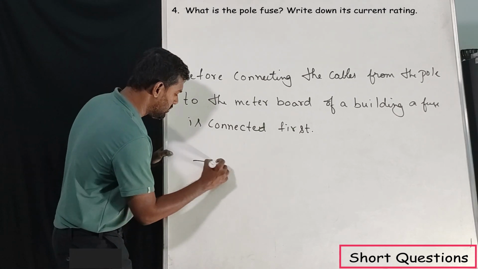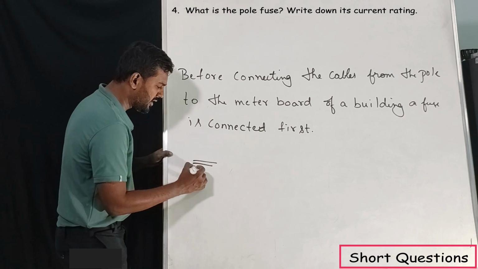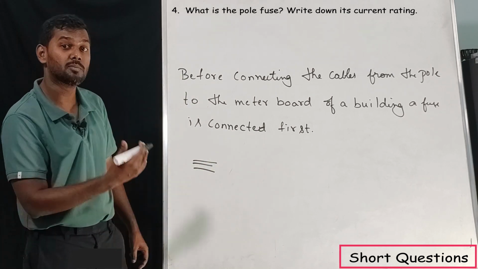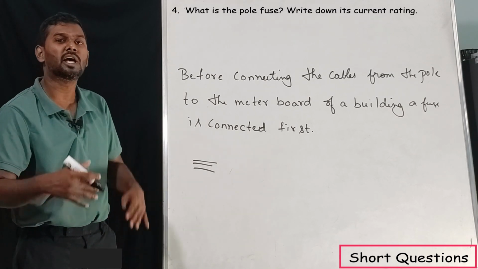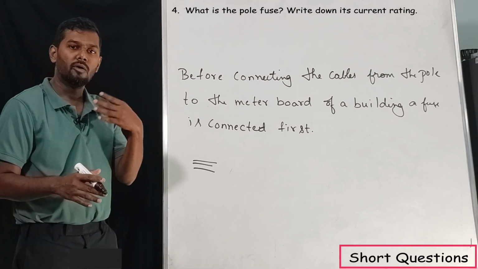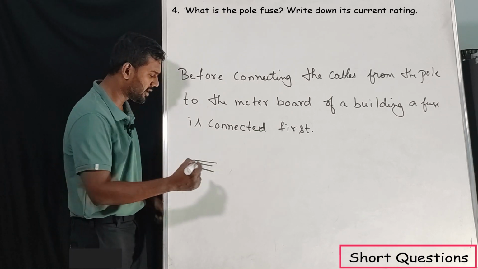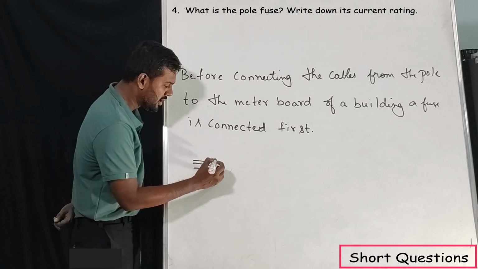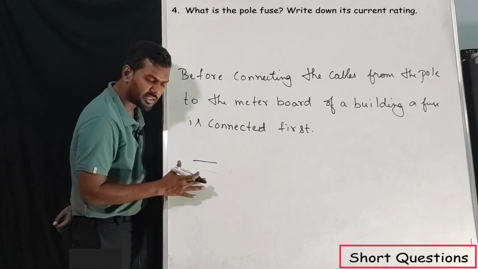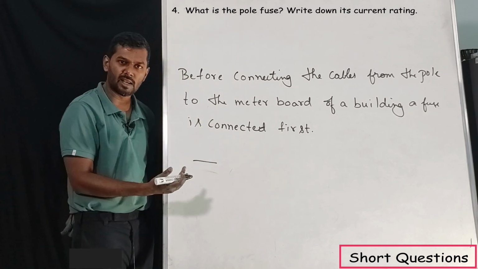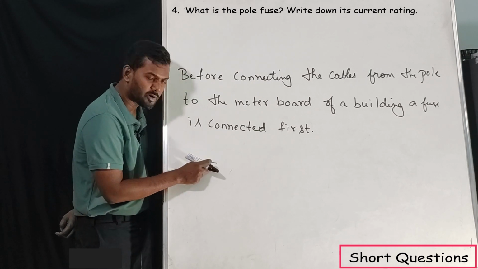Listen, assume these are the cables we are receiving from the company. What company is that? Service provider. Assume it as Bescom. Okay, there are many service providers, but just for an example, we are taking Bescom. Whenever we are getting the connection, assume you are building a new house. Now you need a connection. The connection will come from the pole.